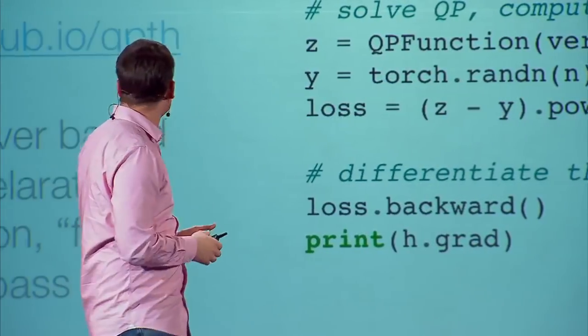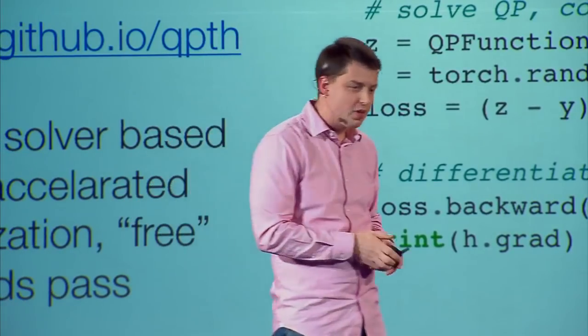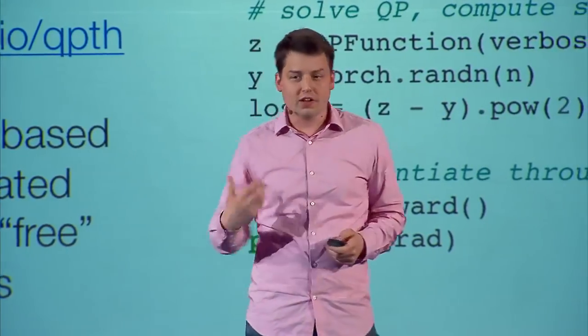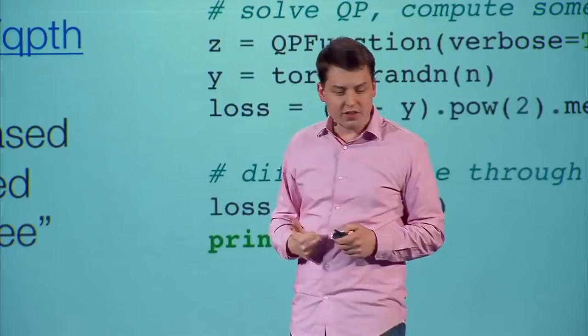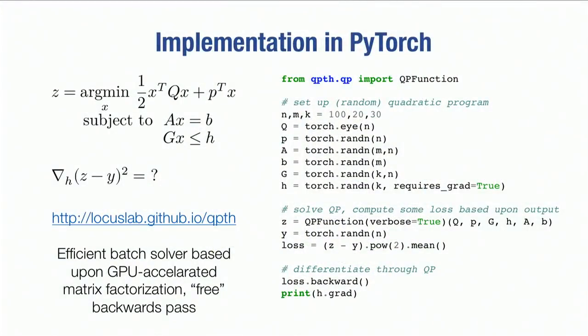And in fact, we have this package called QPTH, which actually does this very efficiently in a few ways. So first of all, it's a batch solver, which uses GPU-based methods for solving the factorizations of each matrix here in parallel. And one very cool thing, which I won't get into here, but which is really nice about this formalism, is that you actually get backprop to these models for free.